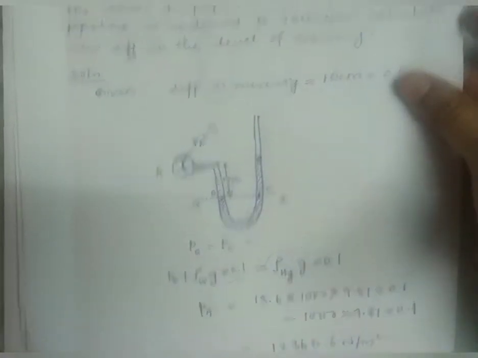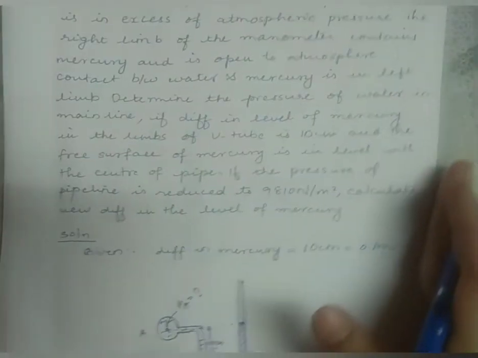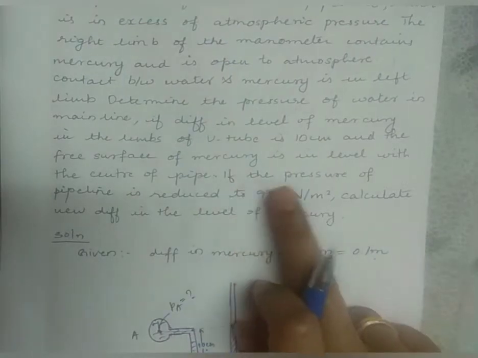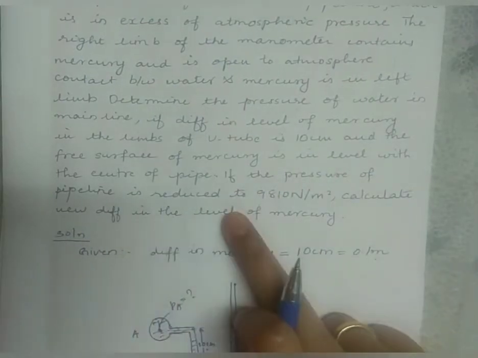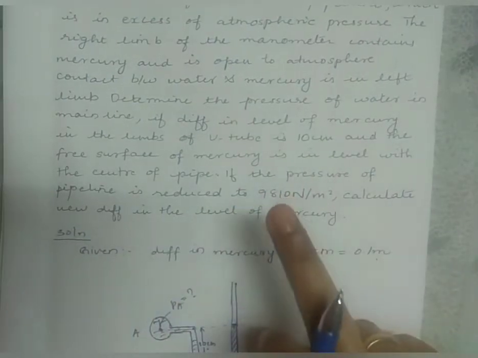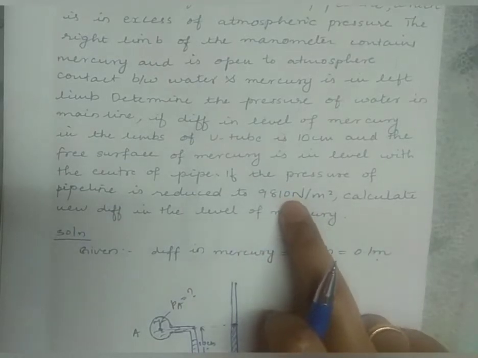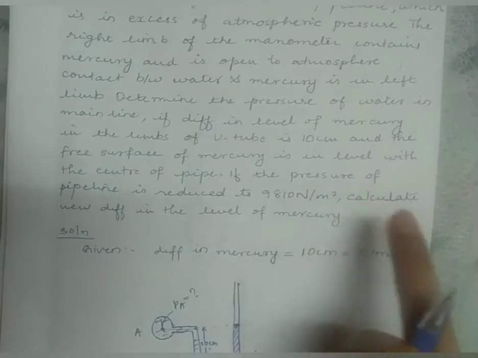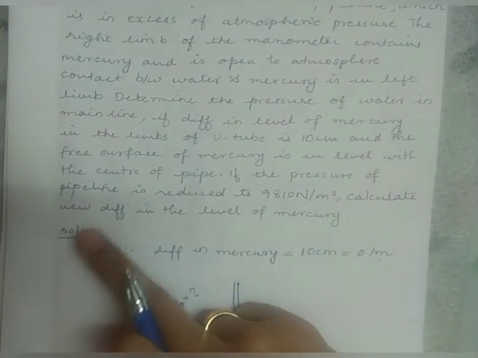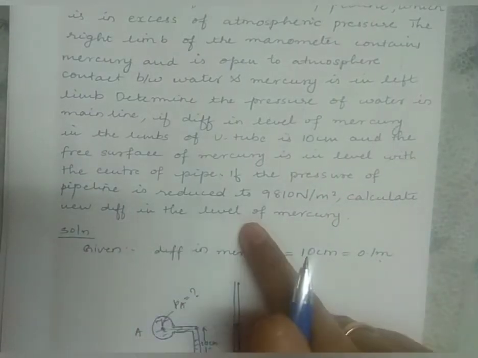And what is the second part? The second part I will read as: if the pressure of pipeline is reduced to 9810 Newton per meter square, calculate the new difference in the level of mercury.